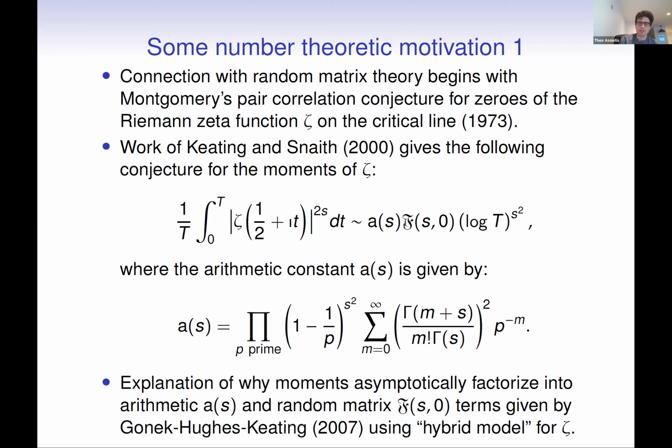And so let me tell you what the rigorous results are. This was proven for s equals 1 by Hardy and Littlewood in 1918, and then by Ingham for s equals 2 in 1926.